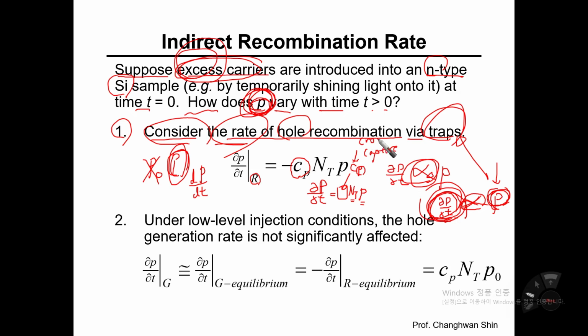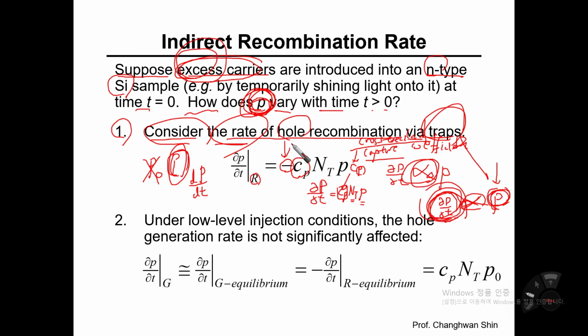That is the capture cross-sectional coefficient. So the capture coefficient for holes, denoted as Cp, has been included in this equation. And one more thing is the minus sign. Why minus? Because the hole is combined with electrons, so the number of holes is decreasing.